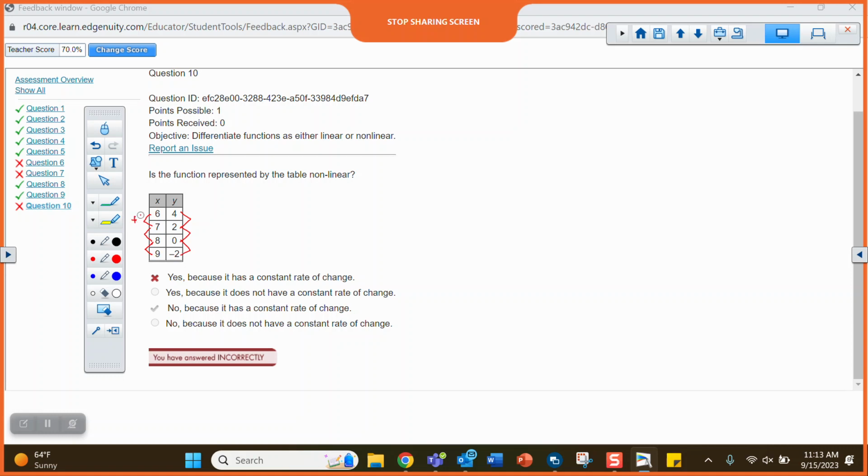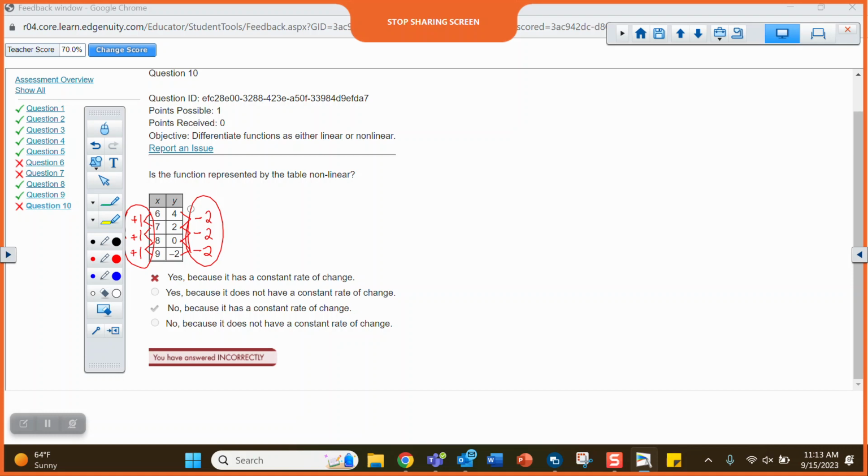So you can see that on the table, we're adding 1 on the left-hand side, and on the right-hand side, we are subtracting 2. 4 minus 2 is 2. 2 minus 2 is 0. 0 minus 2 is -2. And as long as those are constant and these are constant, then it is linear.